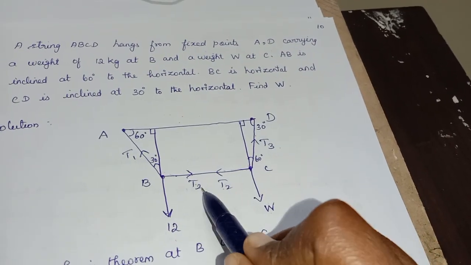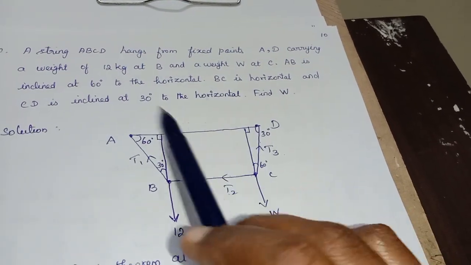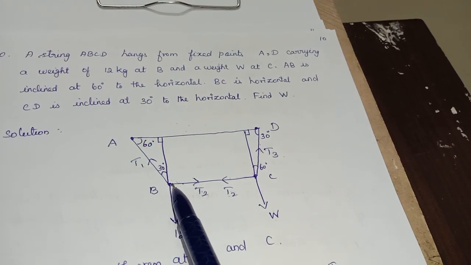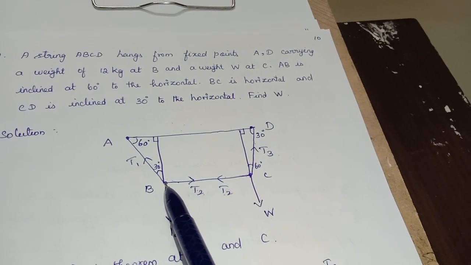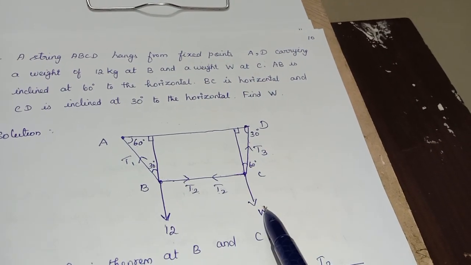Why should these two be T2? Because this is in equilibrium, they have given, no? The given system is in equilibrium. So for keeping it in equilibrium, the tension along this part, this B will be pulling it towards this side, and here at C this will be pulling towards this side.